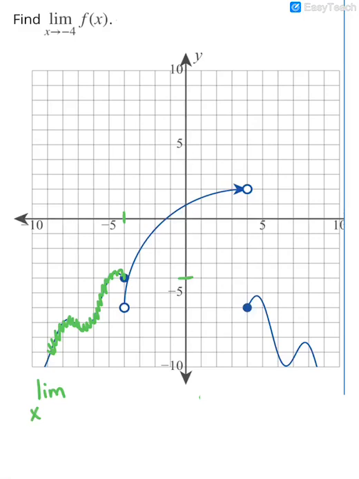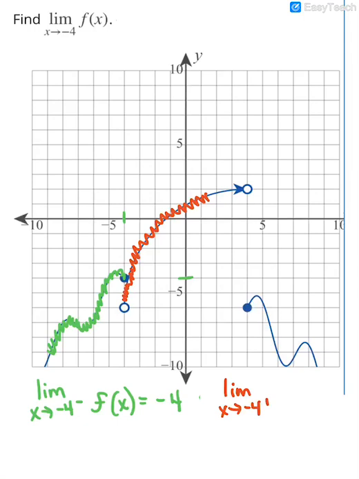So as x approaches negative 4 from the left, my function has a y value of negative 4. When I look at the graph and I'm coming from the right-hand side, as I get closer and closer to my x of negative 4, so the limit as x approaches negative 4 from the right-hand side, then you'll notice that this y value is down here at negative 6.